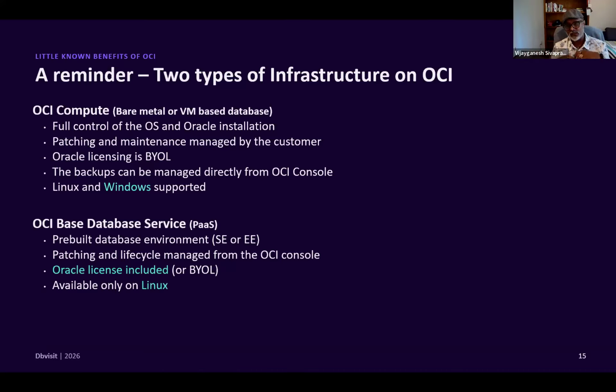There are multiple images available so that you can choose and create environments based on your on-premise requirements as well. And the license is included with these base database services. Another key thing is it's only available on Linux, not on Windows.